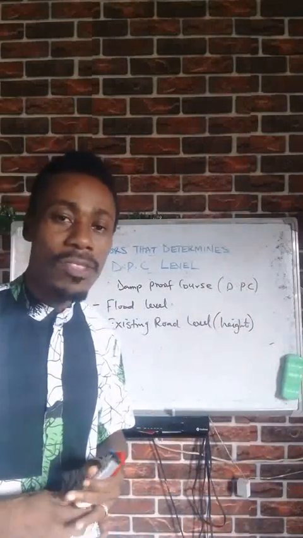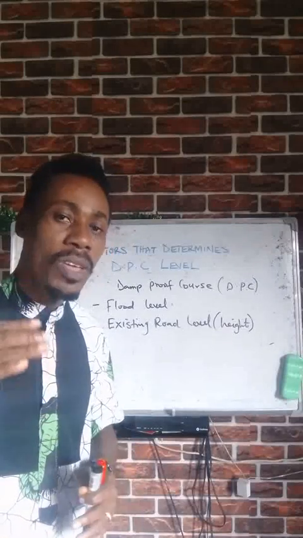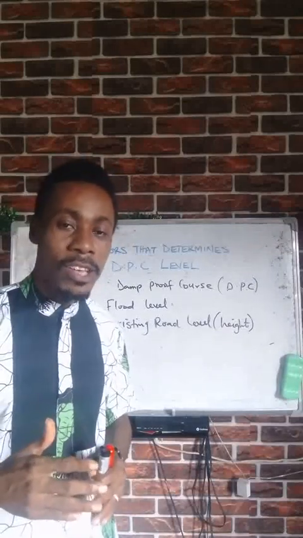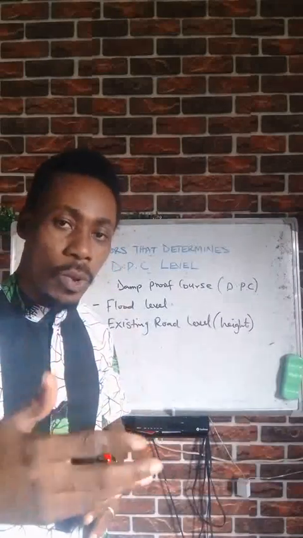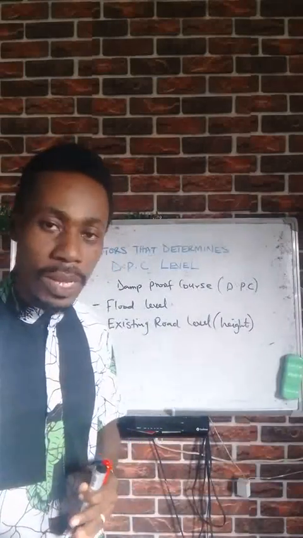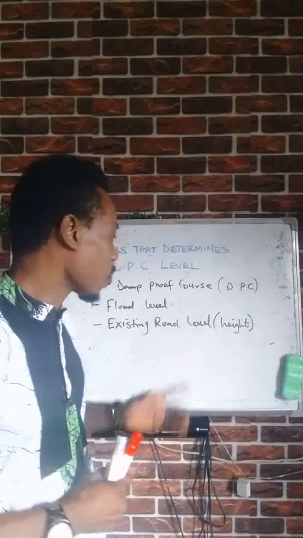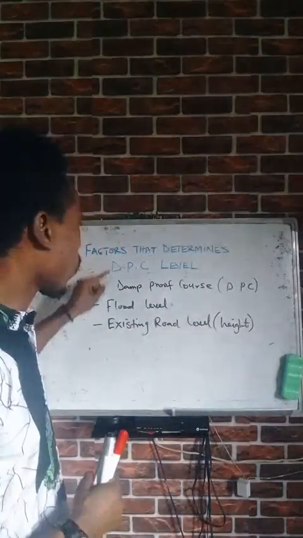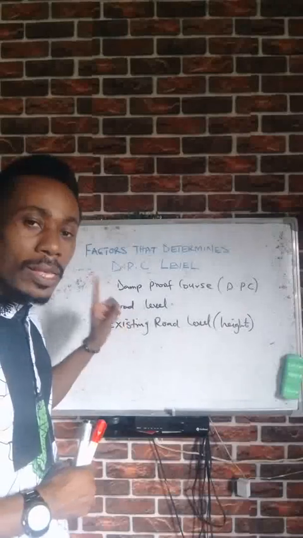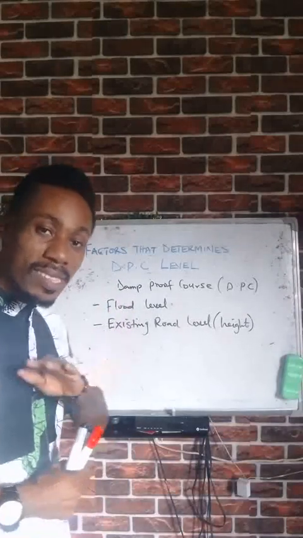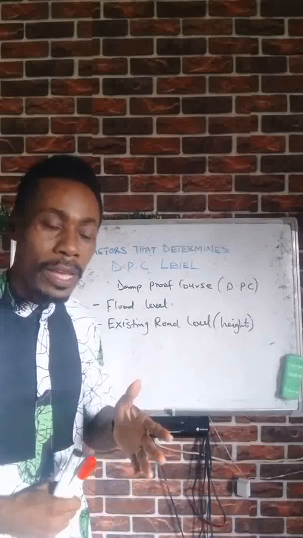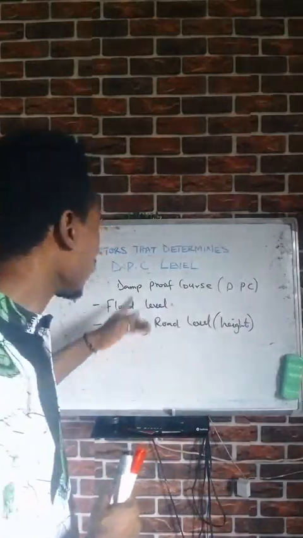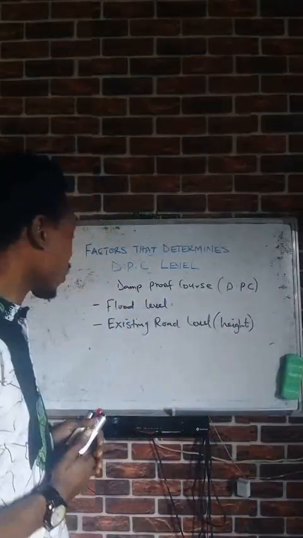So we try to take our DPC above the road level, so that you have some steps before you can access the building. So that is also one of the factors that will determine the DPC level. The height of the existing road is also what we consider, that influences the height of our DPC.